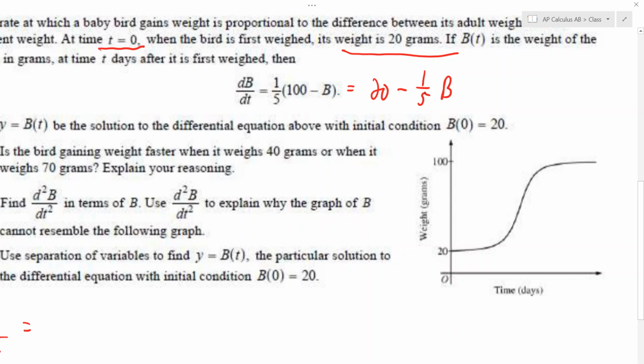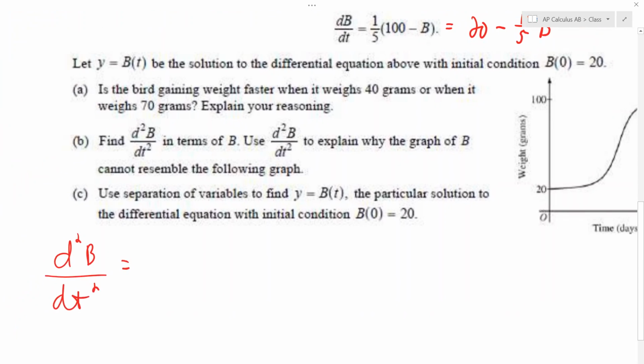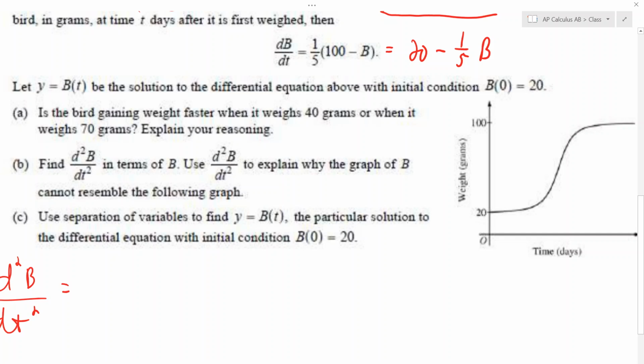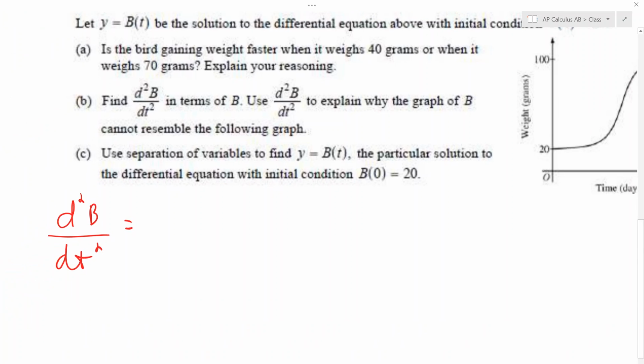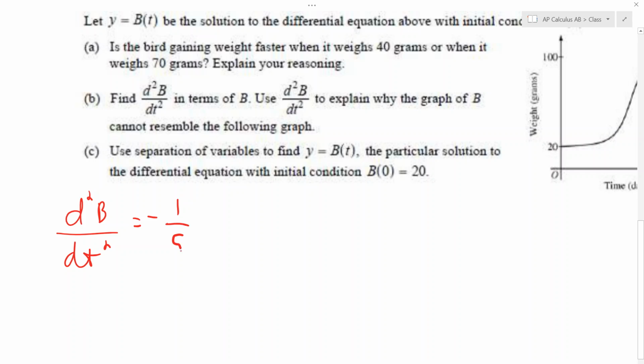The reason they didn't do that is because it's easier to integrate if they leave it the way they have it. It's easier to do part C if they leave it the way they gave it to you. It doesn't really matter, though, at this point. So you should be able to differentiate either one of those, hopefully. The second one is easier. The derivative of that is negative 1/5 dB/dt. A common mistake is just to write negative 1/5 times 1, because the derivative of B looks like it should be 1.